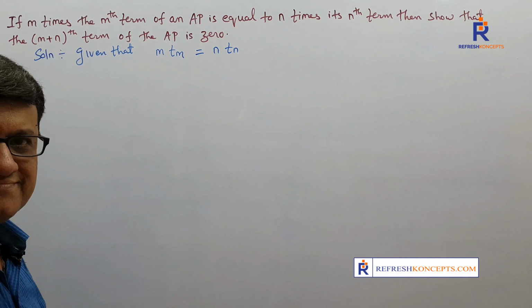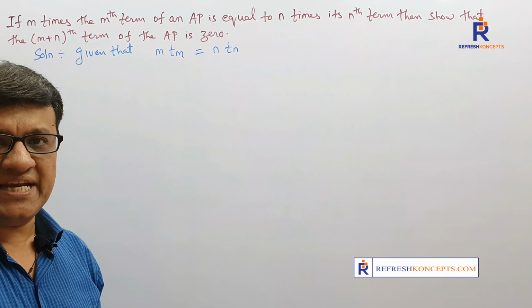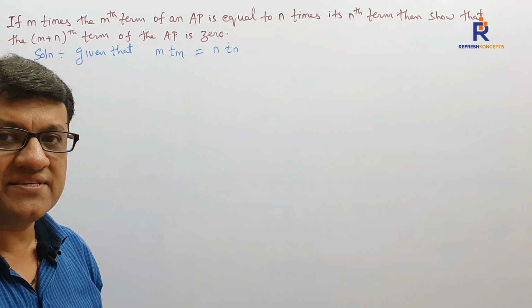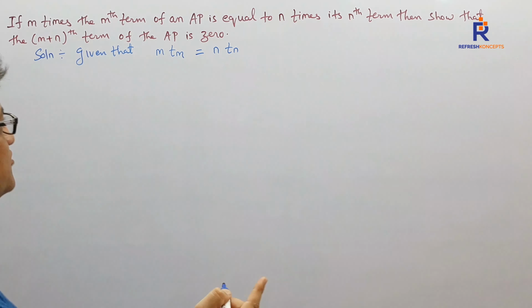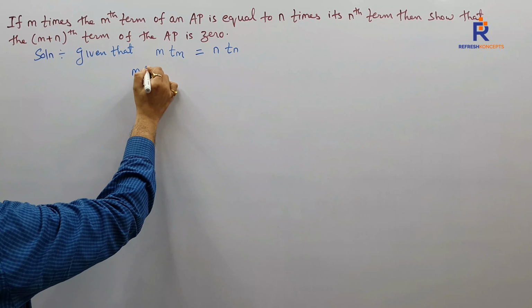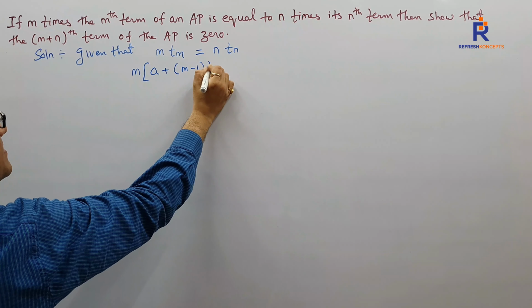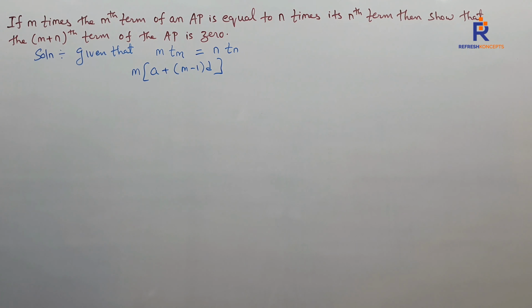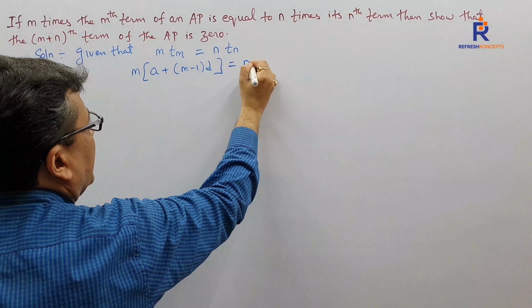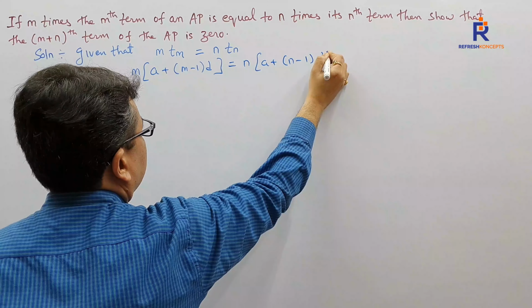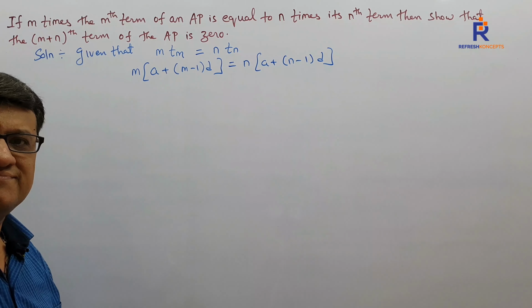Am I right? As I stated earlier, Tn is a plus n minus 1 d. Tm is a plus m minus 1 d. So m times Tm: m, a plus m minus 1 d. N times Tn: n, a plus n minus 1 d. Any problem, children? No?